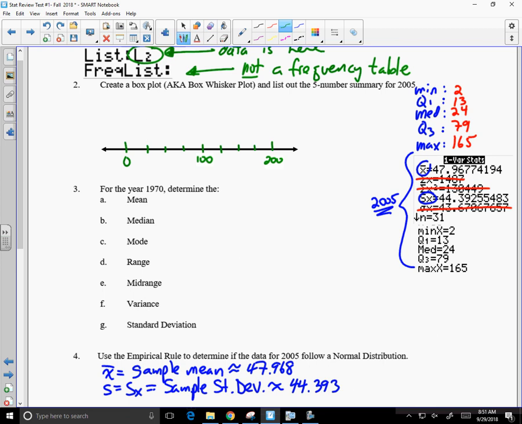All right. The idea is not to draw some generic box plot and label it with numbers. The idea is to see where the numbers fall on a numerical scale and how the box would look when it's placed appropriately, and what kind of information that gives us about the distribution.